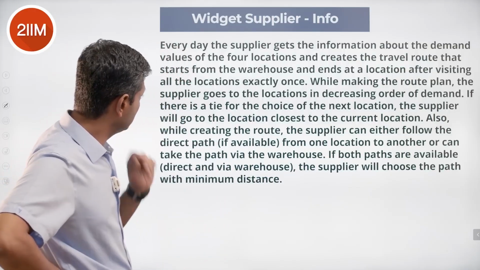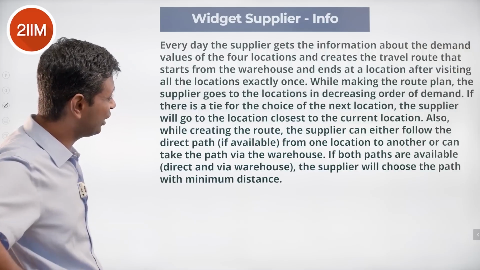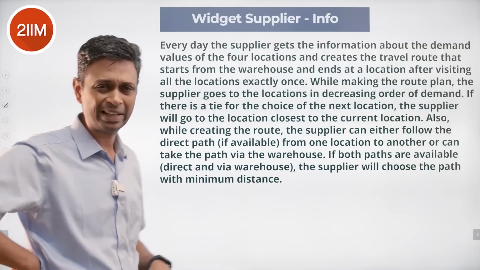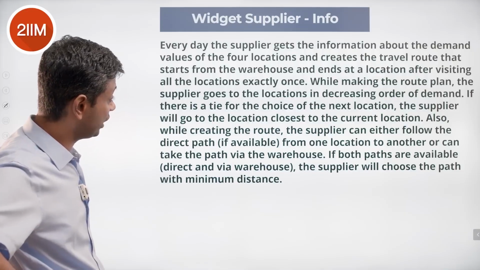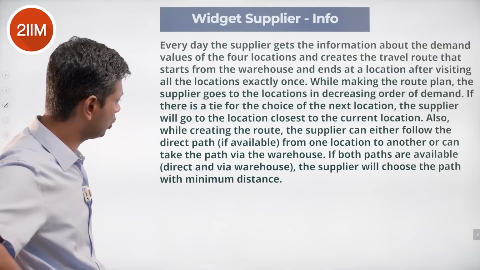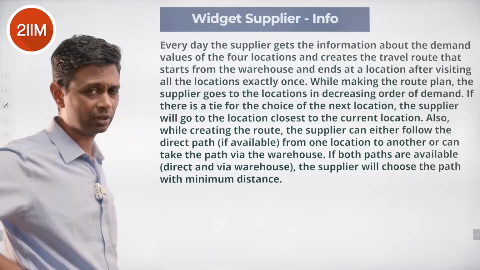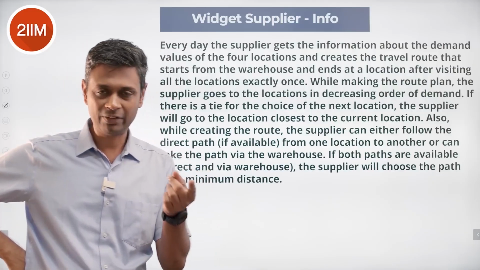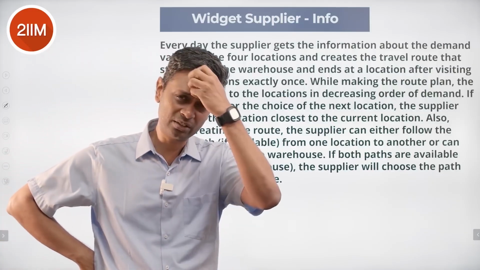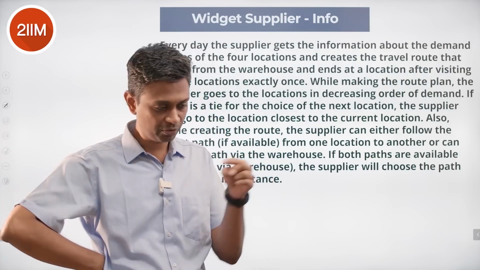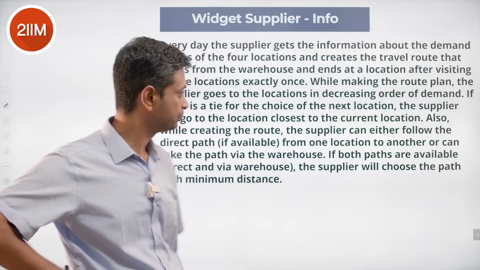While making the route plan, the supplier goes to the locations in decreasing order of demand. Maximum demand, he goes first. If there is a tie for the choice of the next location, the supplier will go to the location closest to the current location. Understandable. I go from A, I have a choice of going to C and B, both are equal. I'll go to the one which is nearer. If the demand is same, demand is my first criteria, then proximity.